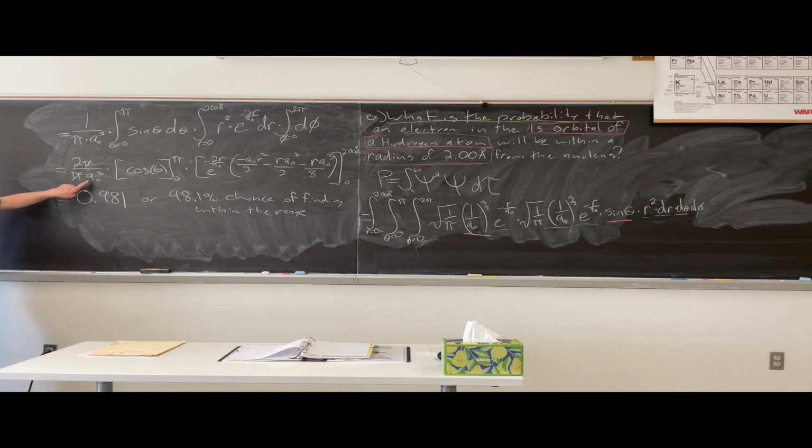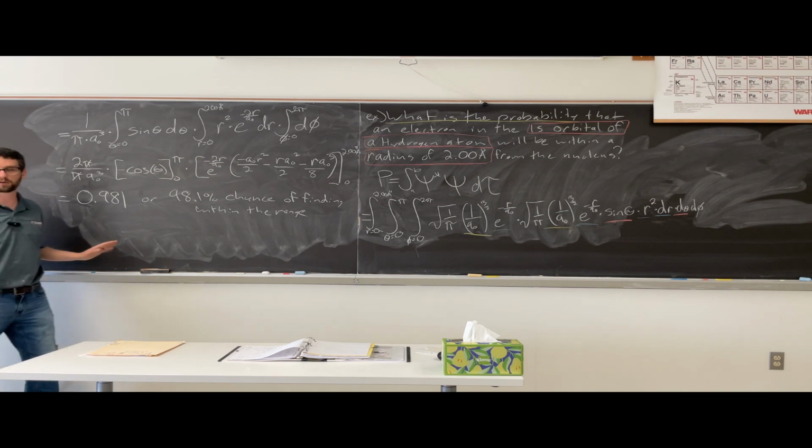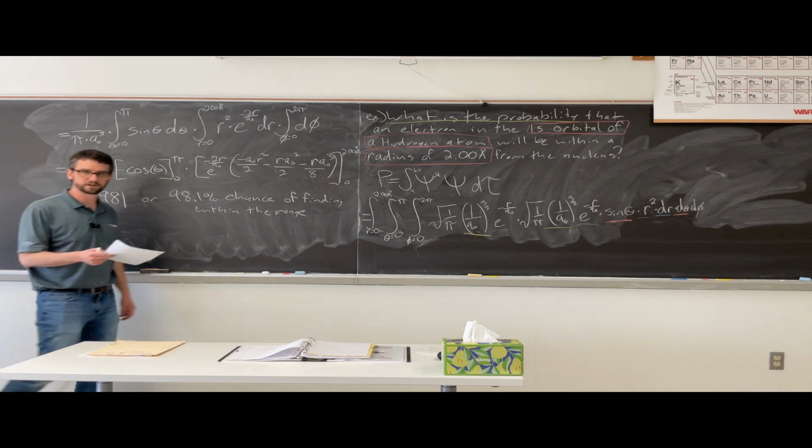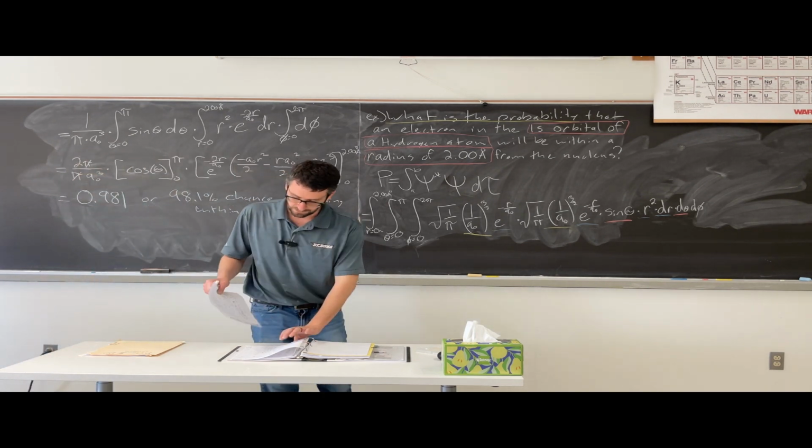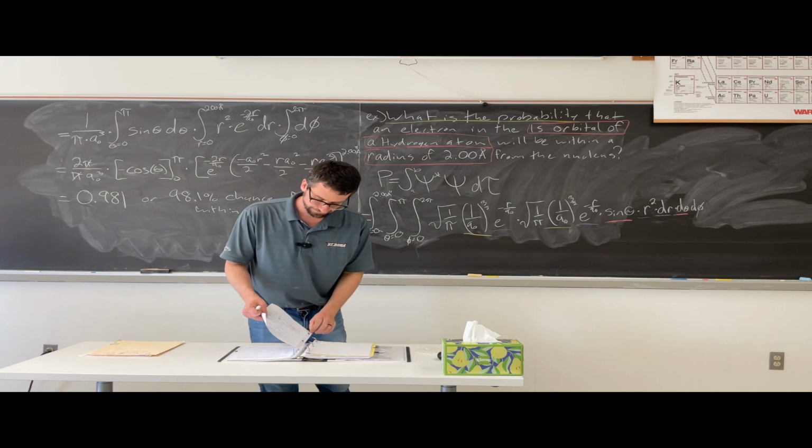You don't if you keep angstroms here. So as long as your angstroms have the same units, or your a naught, you're in angstroms, you should be okay. Does that answer your question? Okay.